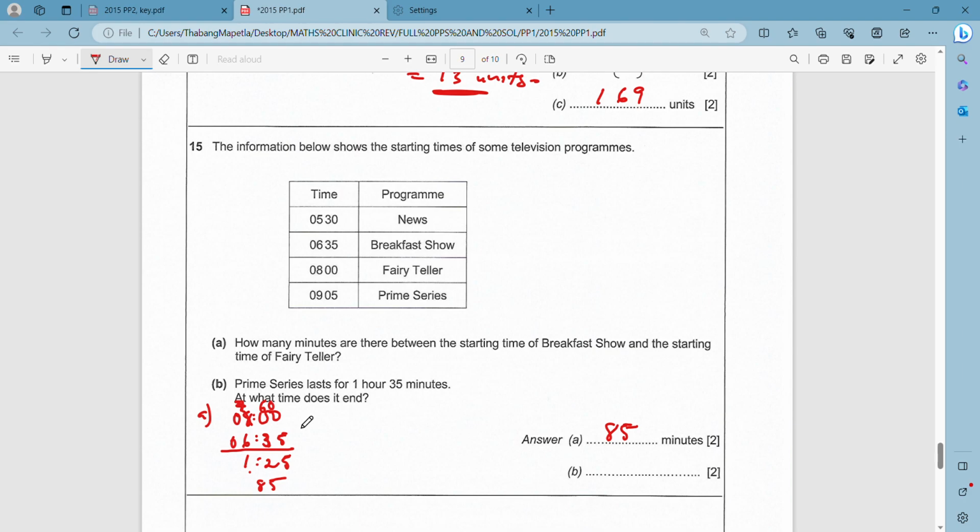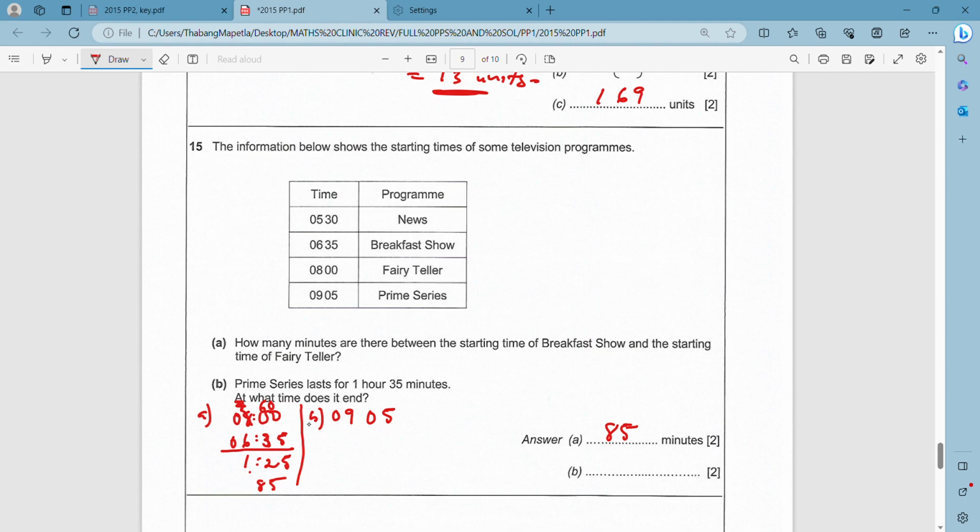Moving to the next one, number B says that Prime Series lasts for 1 hour 35 minutes. What time does it end? Prime Series is the last one, so we're going to add to its start time of 0905.